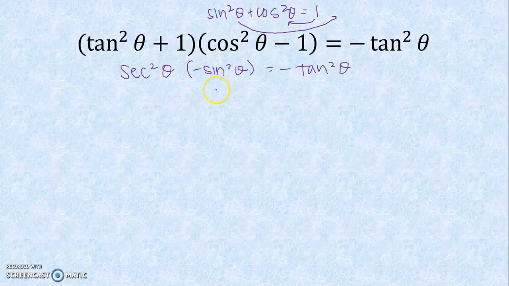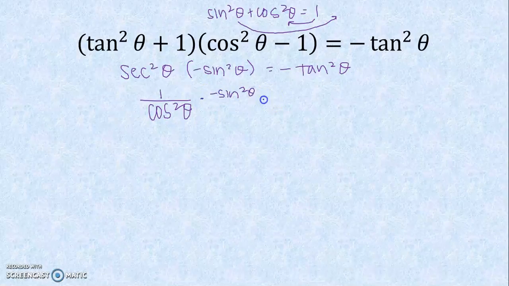From there, I need to rewrite this using sine and cosine. So secant squared is 1 over cosine squared. Negative sine squared would just be negative sine squared. And then I'm looking for a negative tangent squared theta.